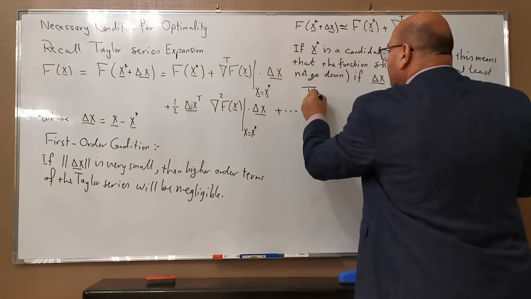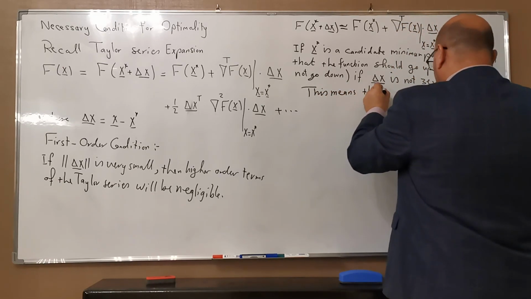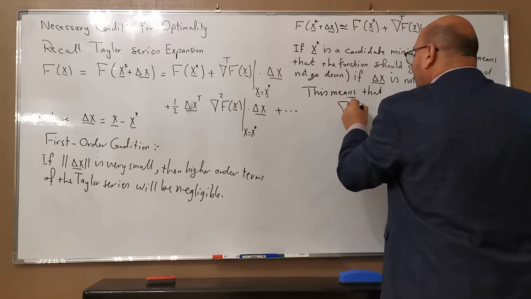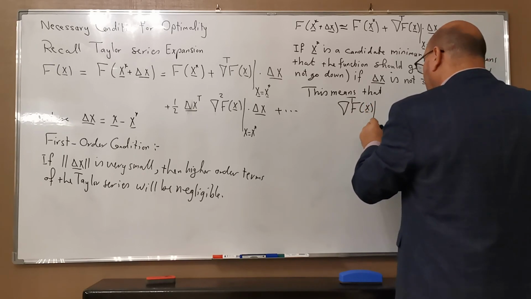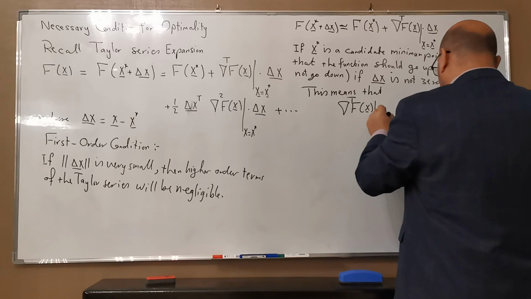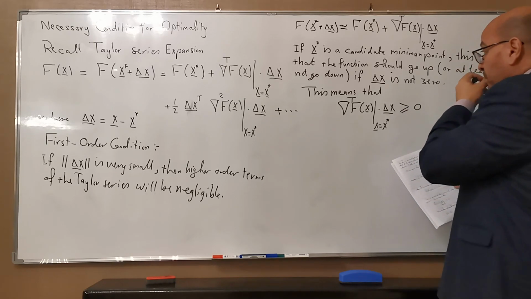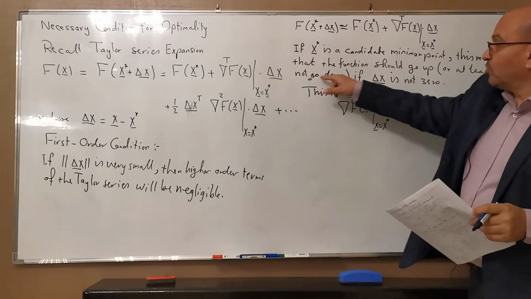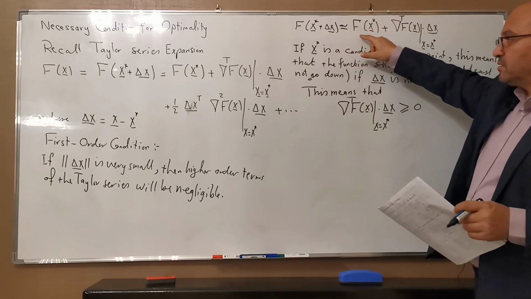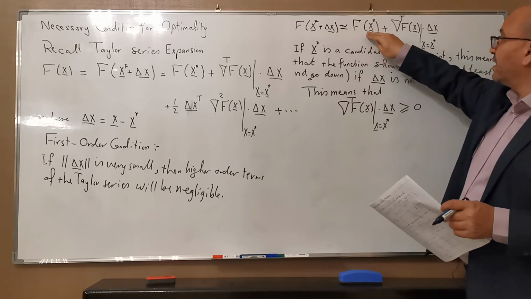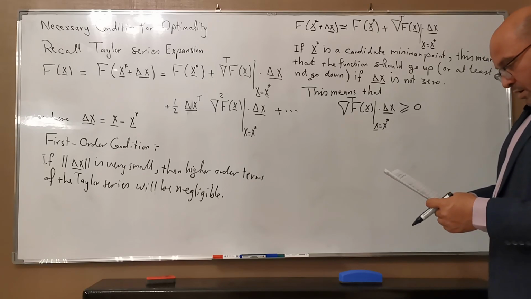So this means that the inner product of the gradient of f of x at x equals x star times delta x should be greater than or equal to 0. Because we said here, at least not go down. So this one could be 0. So this one will be the same as this one, but it shouldn't be less than f of x star if x star is a candidate minimum. All right.